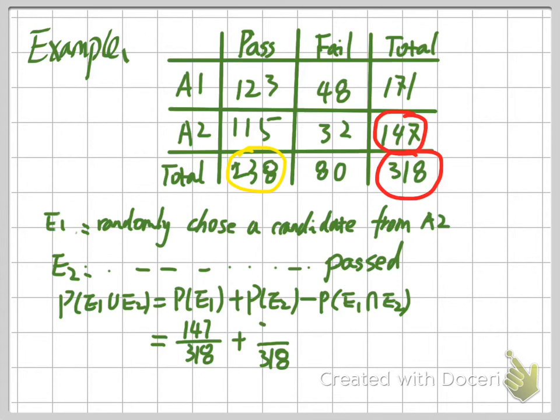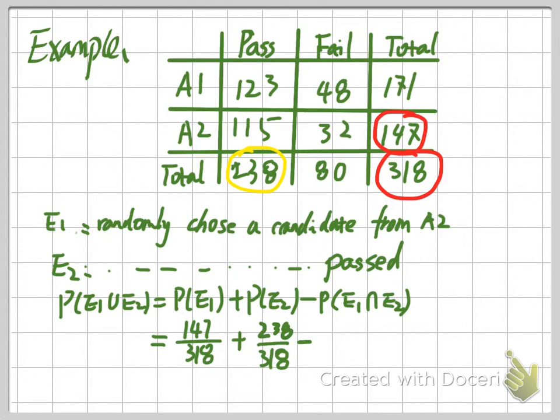So this is 238 over 318. The third question is E1 intersection E2. That means the candidate should take exam A2 and also pass it.